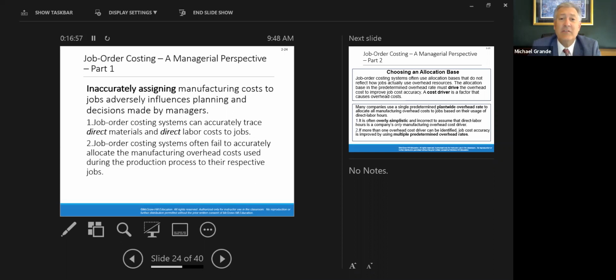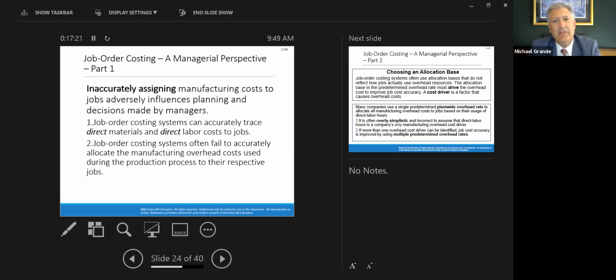Well, the problem is from a competitive standpoint. We need to be as competitive as possible. If our price is higher than the competition, then we're not going to do very well. So we need to have the most accurate cost possible so we can have the most competitive sales price.